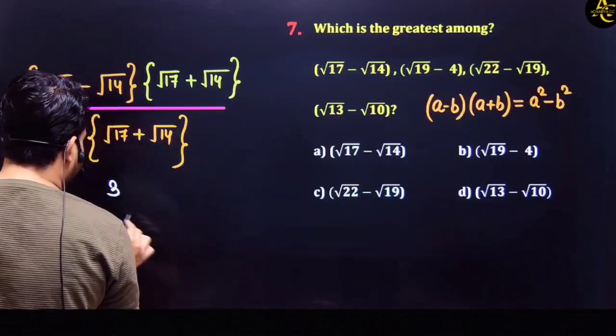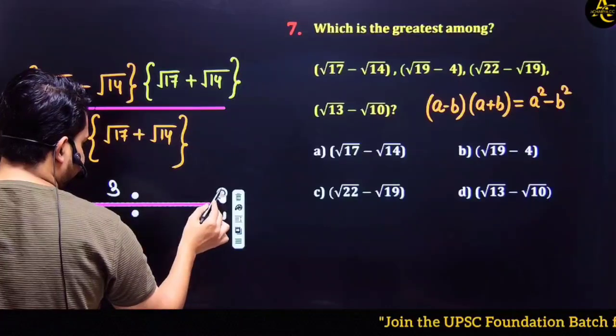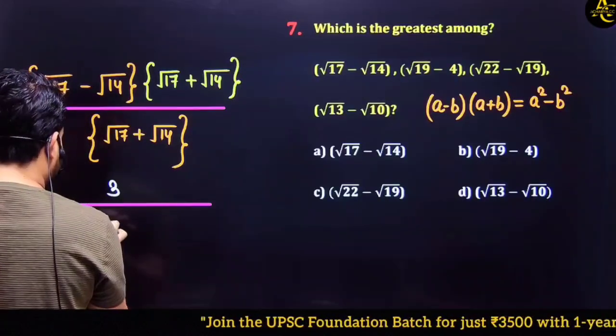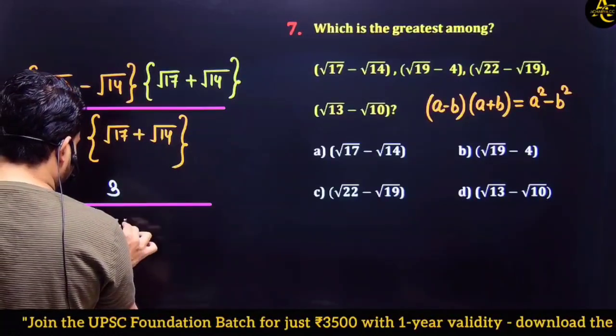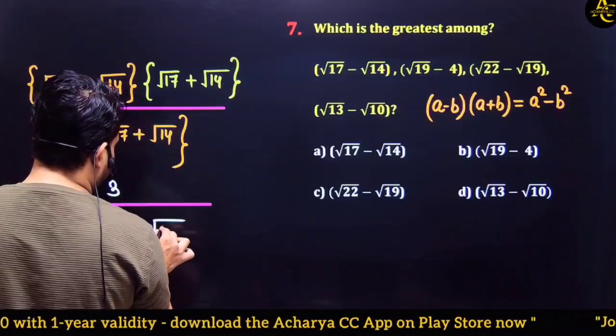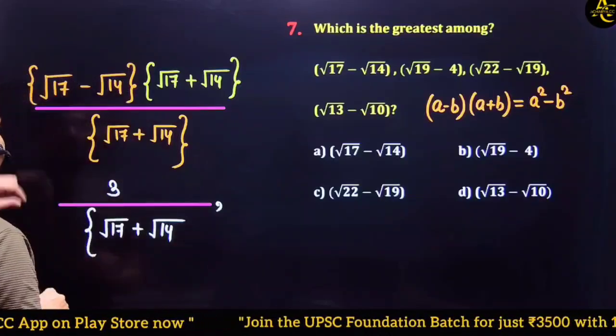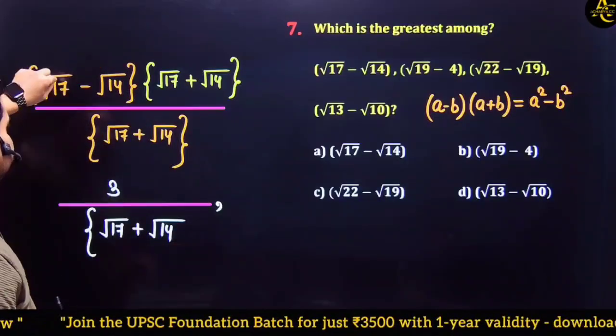And in the denominator what do we have? We have root 17 plus root 14. See, what is 3? 3 is the difference between these two surds.